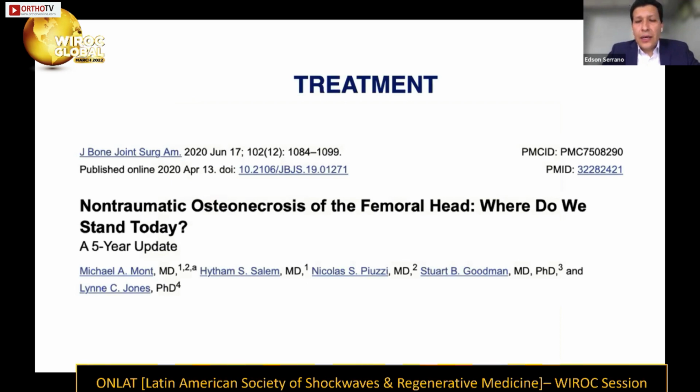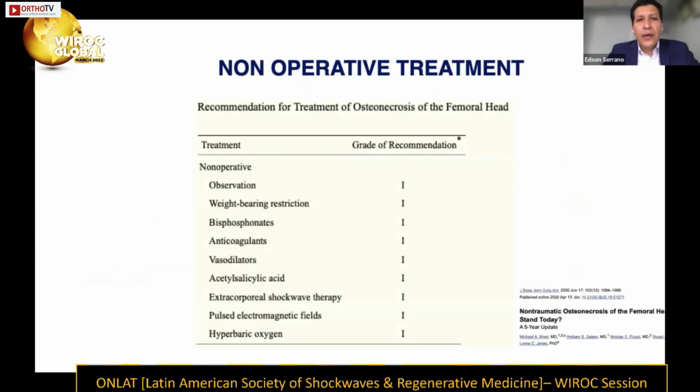About the treatment, this article is very interesting. I recommend this. It was published in 2020. And we have non-operative treatment for this: observation, weight-bearing restriction, bisphosphonates, anticoagulants, vasodilators, aspirin, extracorporeal shockwave therapy, pulsed electromagnetic fields, hyperbaric oxygen.